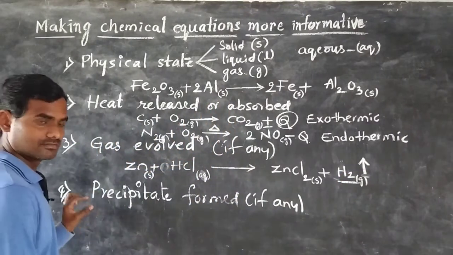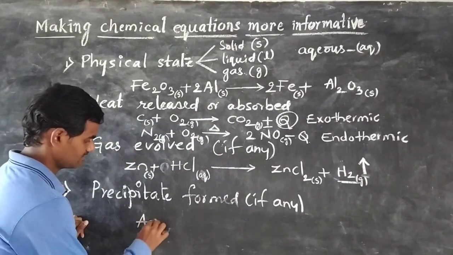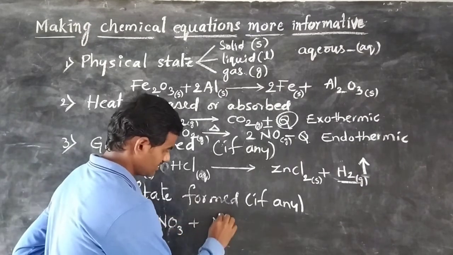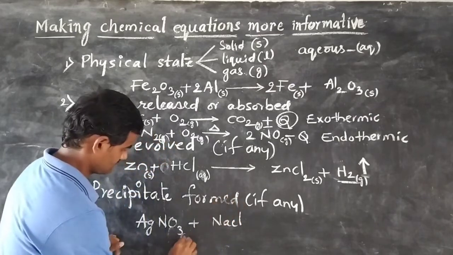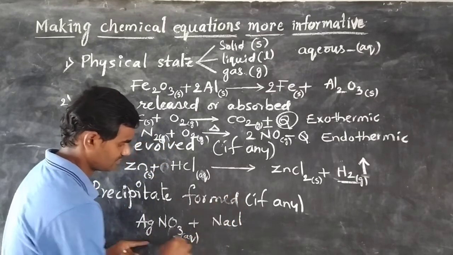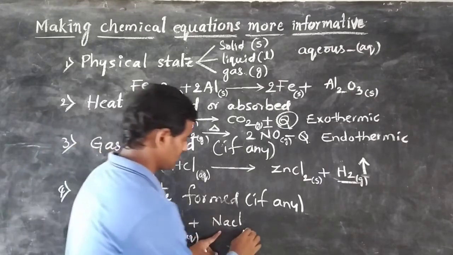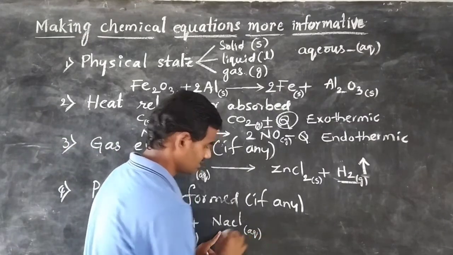Next, the fourth one: when silver nitrate reacts with sodium chloride. Silver nitrate is in aqueous form, which means it is dissolved in water, and sodium chloride is also in aqueous form.